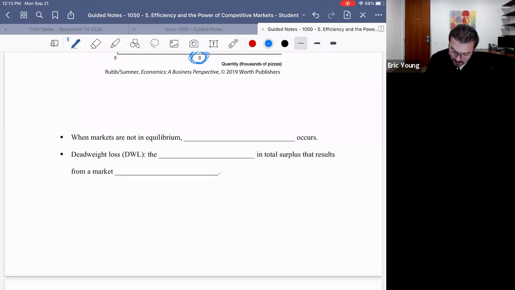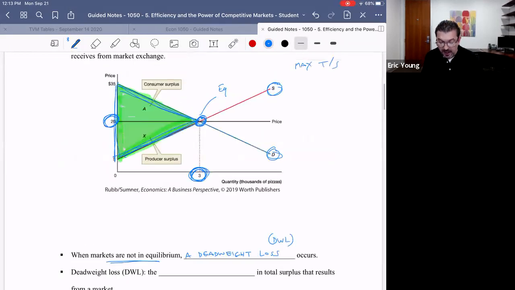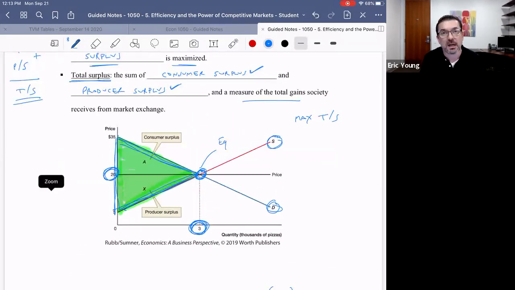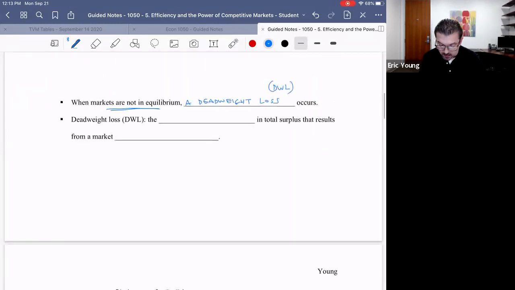And in fact, when a market is not in equilibrium, we may have a situation in which what we call a deadweight loss occurs. Call that DWL. So again, we saw up here that when a market is in competitive equilibrium, total surplus is maximized. We're going to argue that if markets are not in equilibrium, we may have a situation called a deadweight loss.